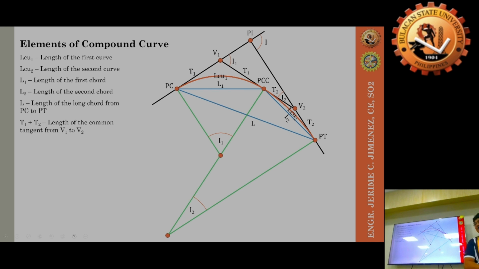Basta yung may 300 meters. T1 is equals to T2, di ba? Basta may 300. T1 plus T2 is equals to 300. Problem 2.